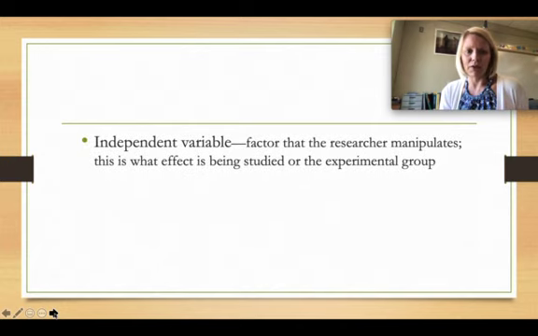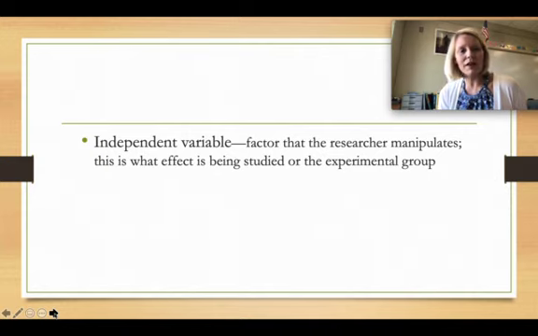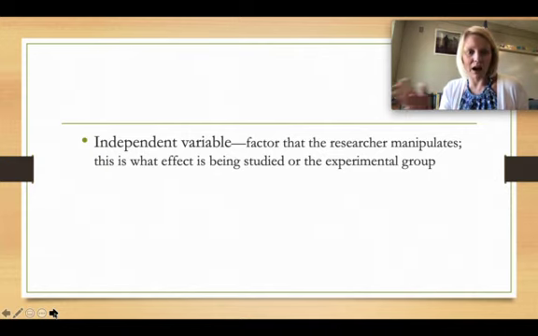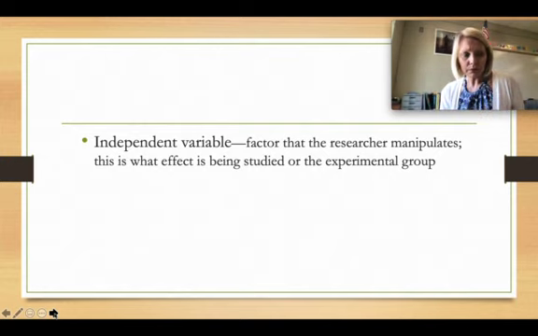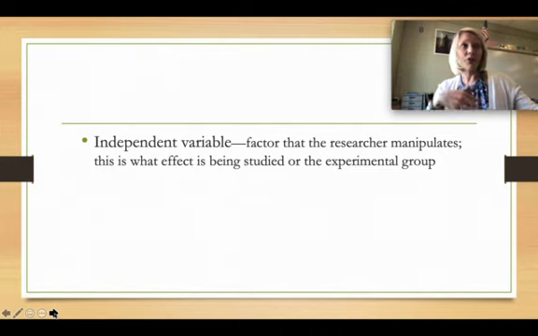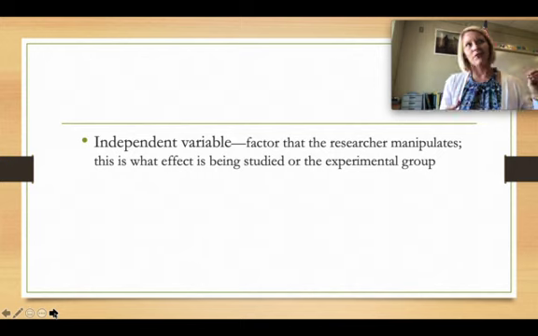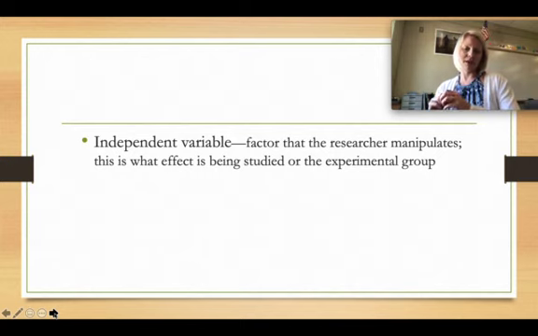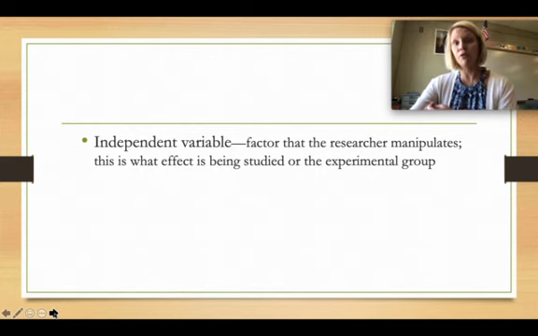The independent variable is a factor that the researcher manipulates. This is what effect is being studied on the experimental group or the control group. So in the case of our sleep study, we would mess around and manipulate the number of hours of sleep. If a student only got 7.5 hours of sleep, would that have any impact? If a student got 12.5 hours of sleep, would that have a different impact?